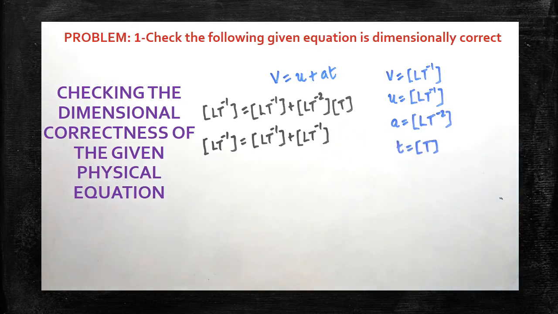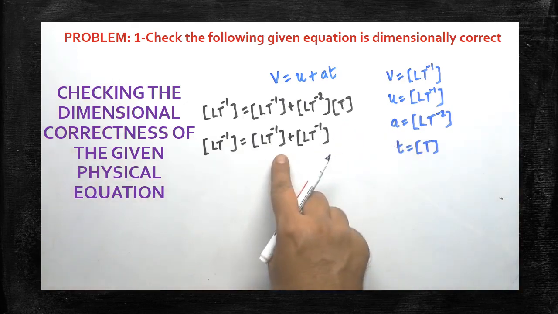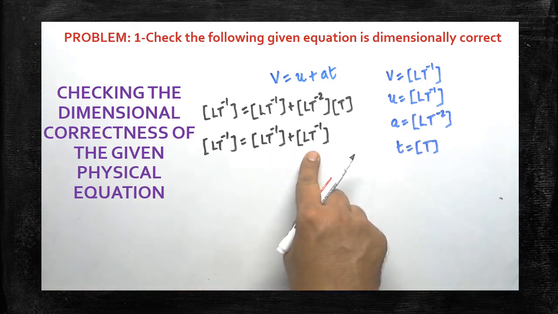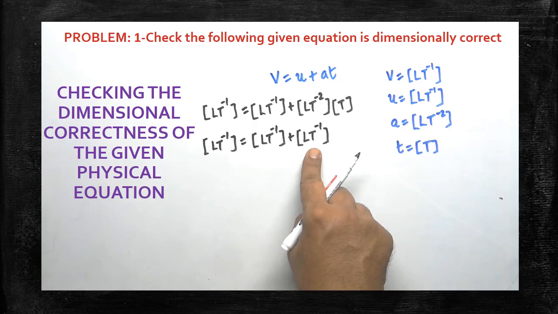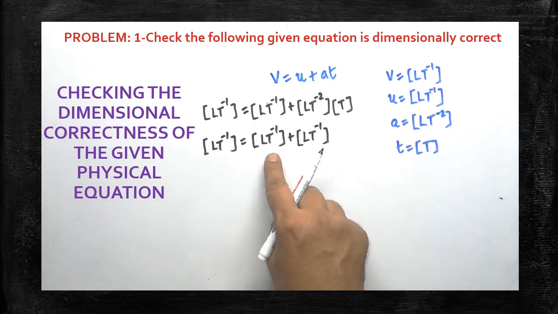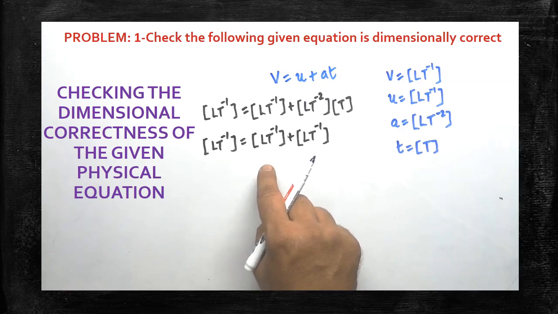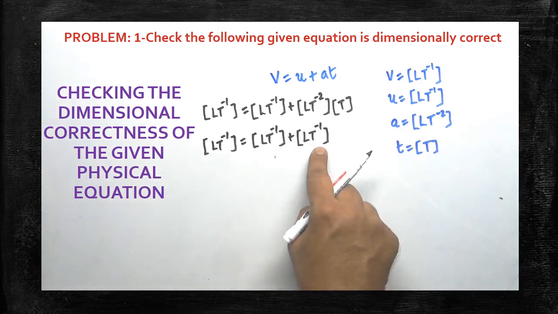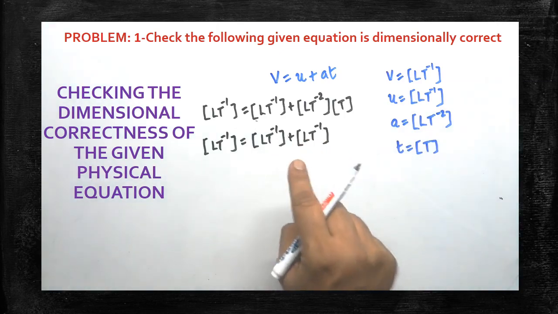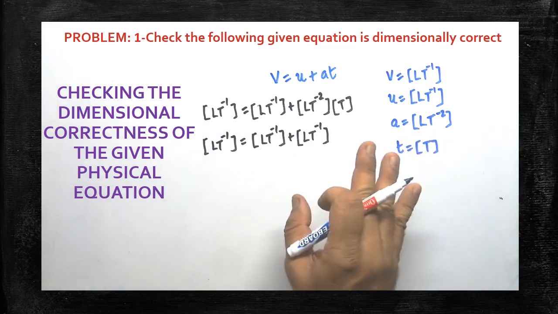Are you clear? The most important thing is, don't add both as you do in algebra. In algebra, if two factors are similar, you will add them. If x plus x is given, you will write 2x. Don't write like that. You leave it as it is.